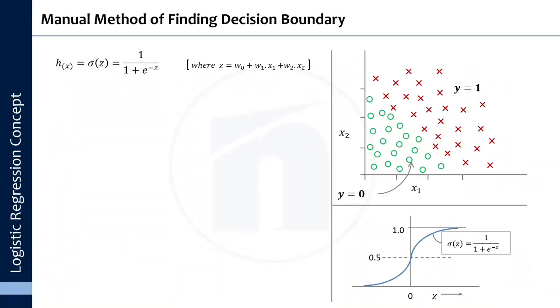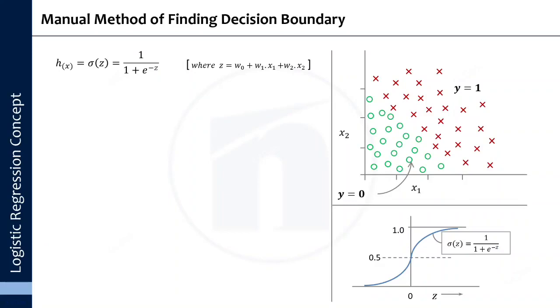On one side, there is x1, say, hypothetically, a patch size, and x2 may be the patch depth. It's hypothetical. The red ones are where there is pneumonia, depending on the values of x1 and x2, and the green ones are with no pneumonia. So y equals 1 for the red ones and y equals 0 for the green ones.